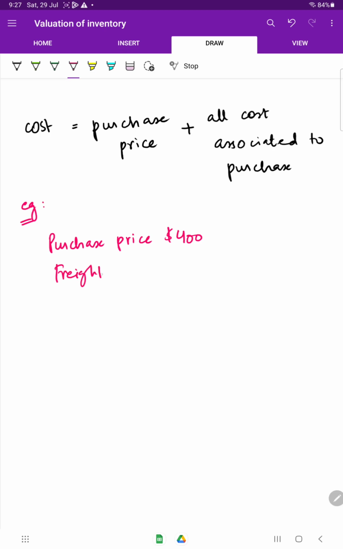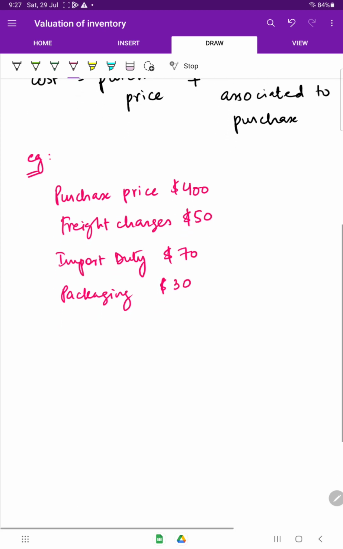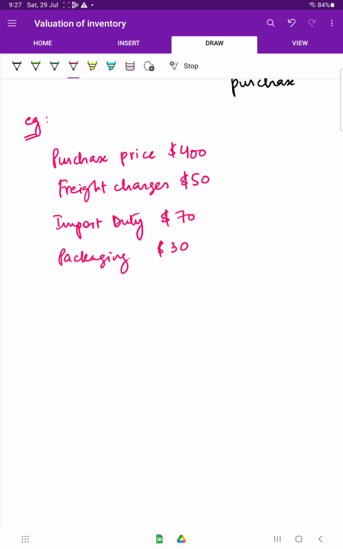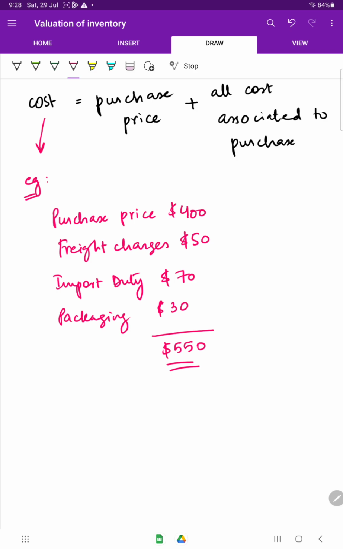Freight charges $50. Import duty, make it 70, and packaging, make it $30. So if I total the amount, it becomes 550. Yes, that's how I calculate the cost of my inventory. Any problem so far?